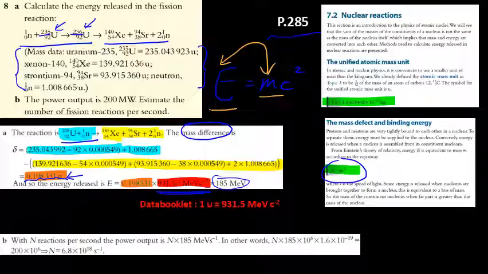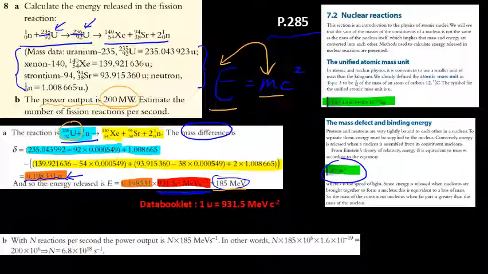For part B, what it says is the whole power plant output is 200 megawatts. So from part A, what you calculated is 185 MeV. This is talking about one atom only, as you can see from the reaction here, one uranium atom only.